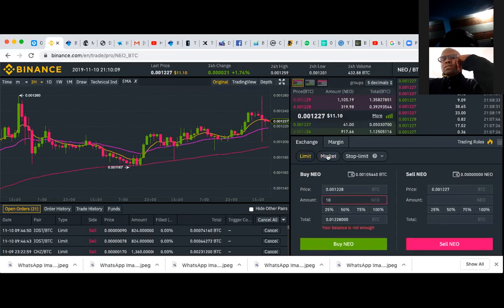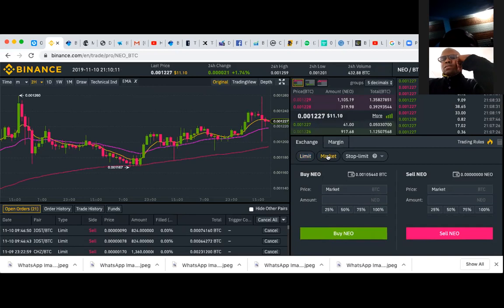If you use the market price, even if you place the price and the market just fluctuates very high, they will buy for you at that top. And you'll be wondering, how come I wanted to buy this coin at 1228, and there I am, seeing that I bought at 1445 because of the spike. So you don't use market, right?